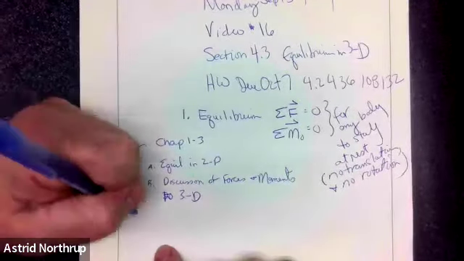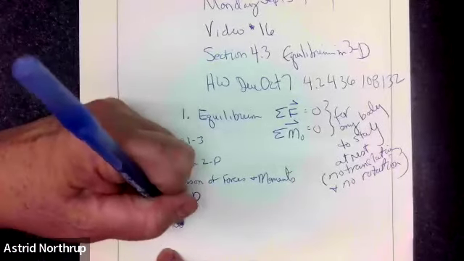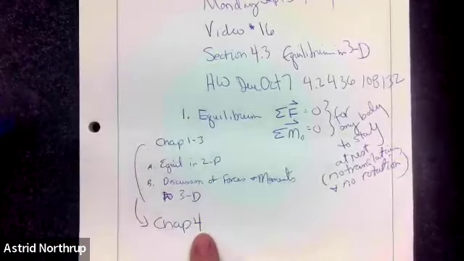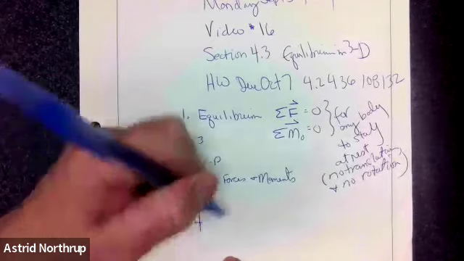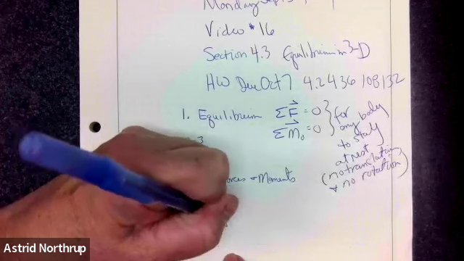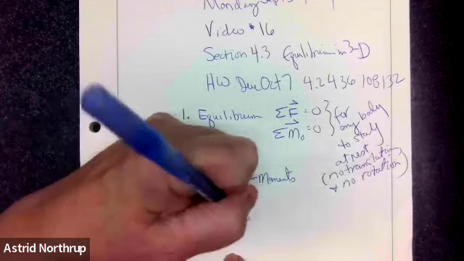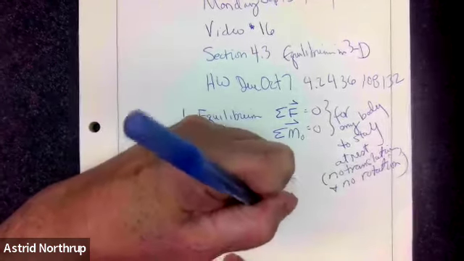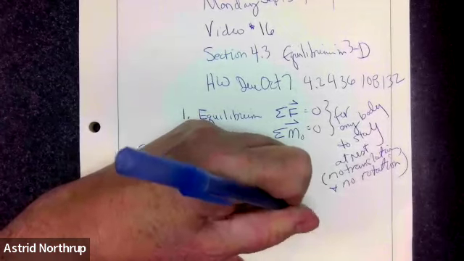And so finally, in chapter 4, we pull these ideas together and we do equilibrium in 3 dimensions, or equilibrium of rigid bodies.